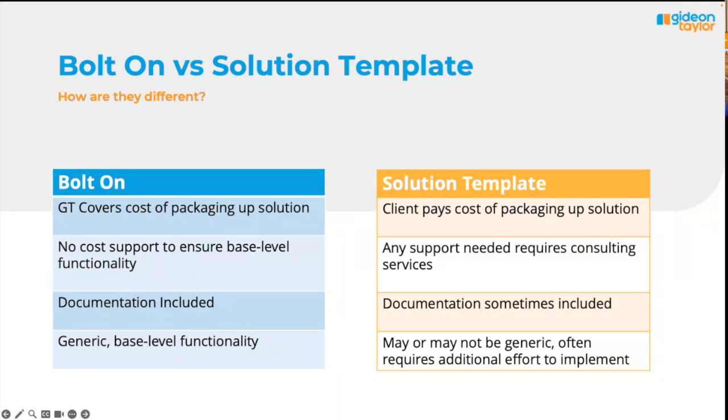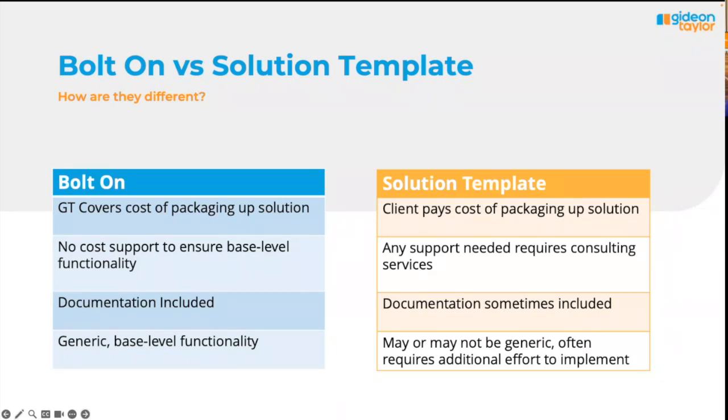Bolt-ons will include documentation, official GT documentation. Solution templates, it depends. We have some documentation on some of our solution templates. Others, we really don't have much. So it depends template to template, and there's no guarantee that there will be that documentation out there. And then the bolt-on, as I mentioned before, does have that generic base level functionality.